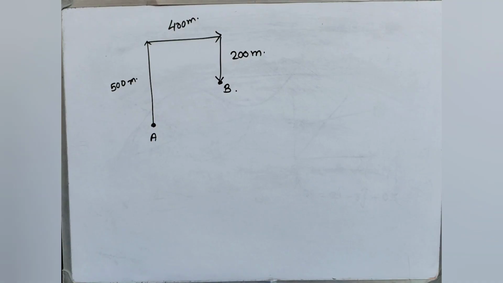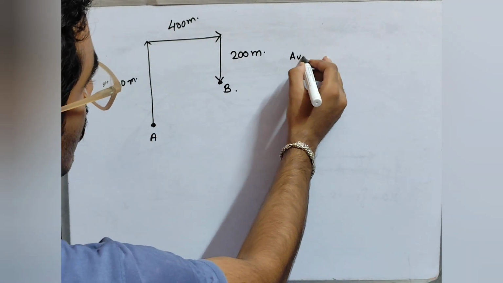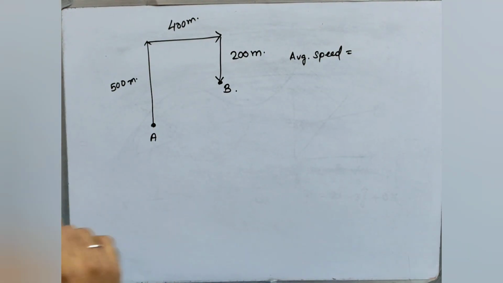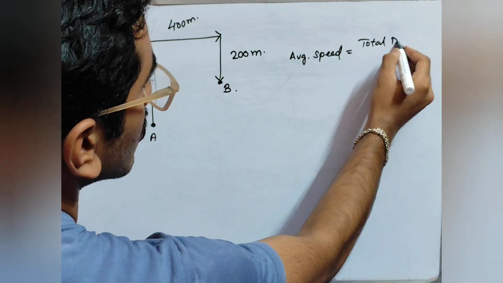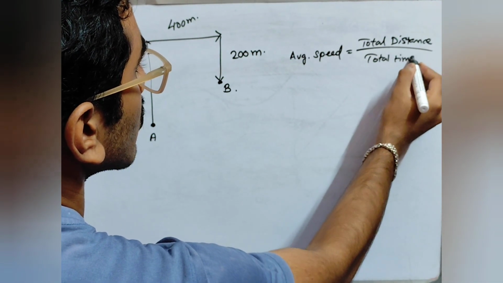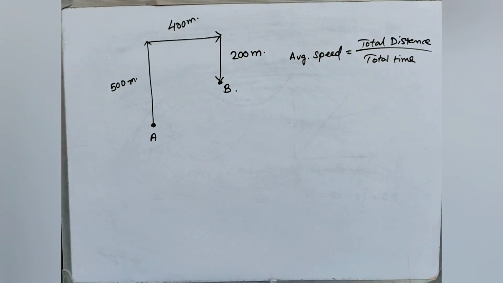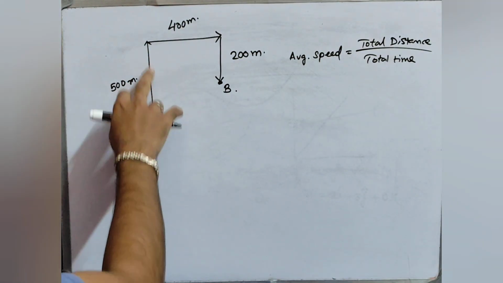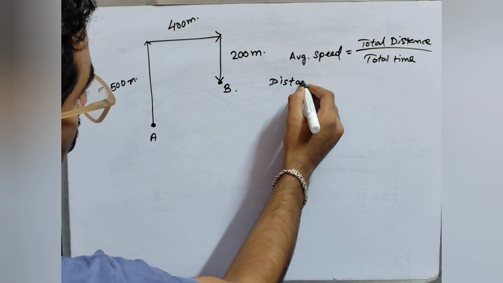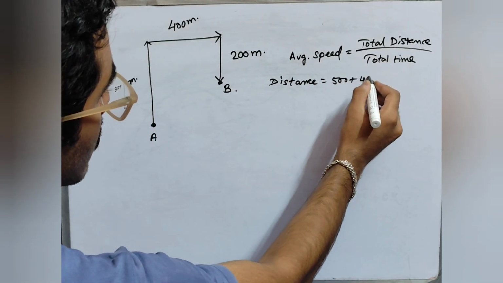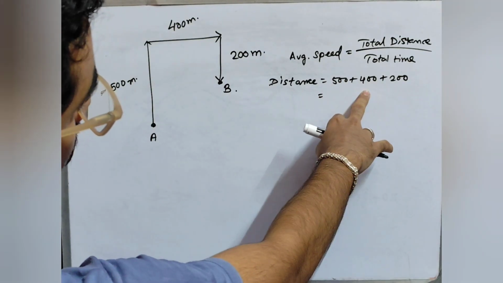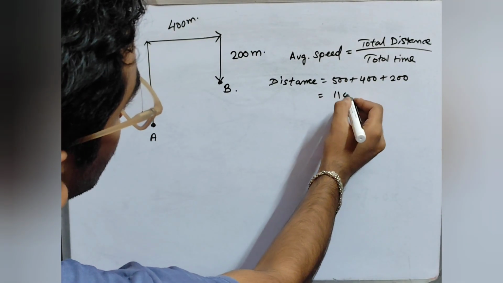We know that average speed is equal to total distance by total time. So the total distance is 500 plus 400 plus 200, which is 900, 1000 and 1100.